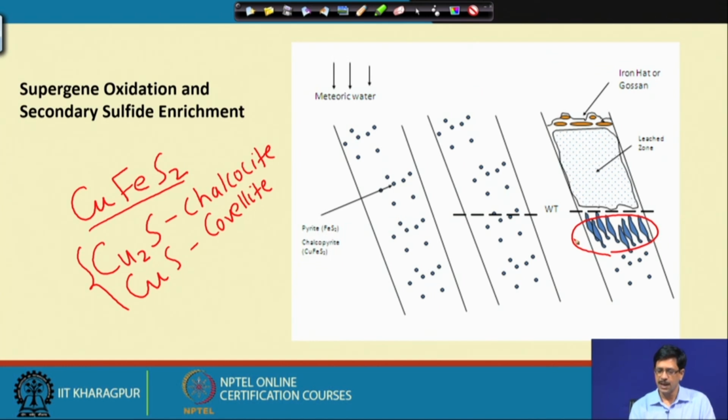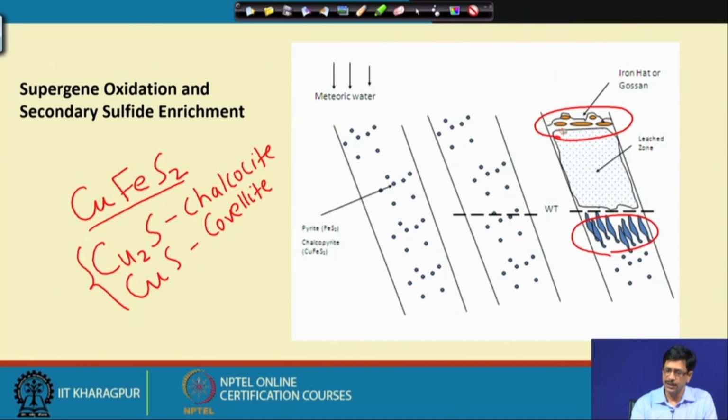So, this is how the process goes on, and what happens here is, as we know, that iron cannot remain in the soluble Fe2+ form for long on the surface. It will immediately get oxidized to form its respective insoluble oxide or hydrated oxide.